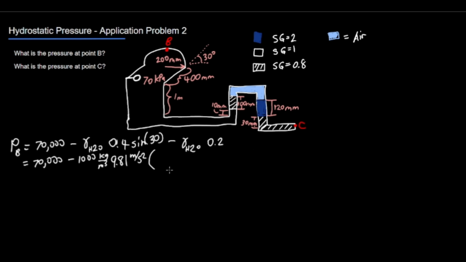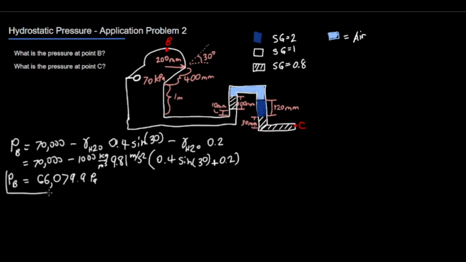And then I'm going to factor that out because I don't want to rewrite it: 0.4 sine 30 plus 0.2. So you see I factored out the rho and the g. And then what we get is 66,079.9 pascals.